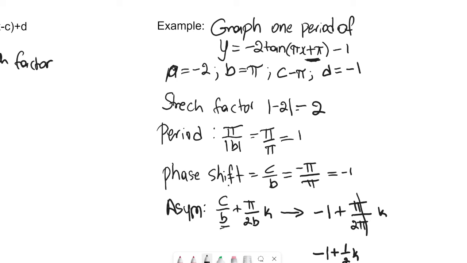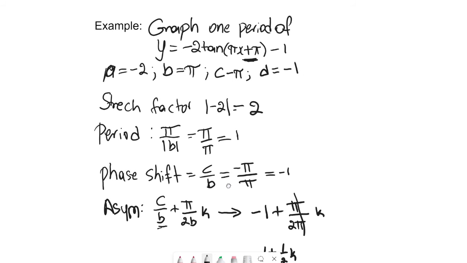So now let's dive in a little bit more to identify our asymptotes. Let's say K is equal to 1. Then we have an asymptote at -1 plus 1/2.